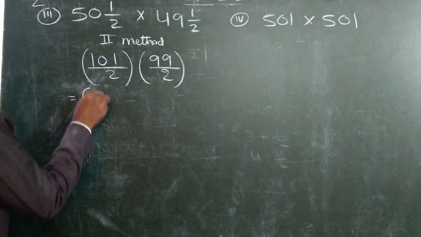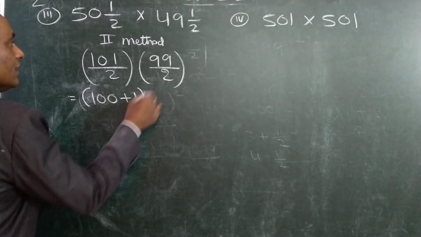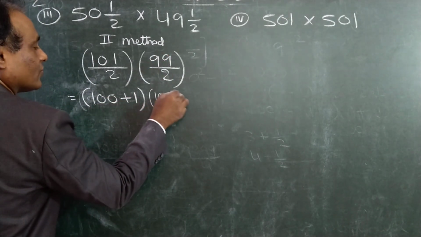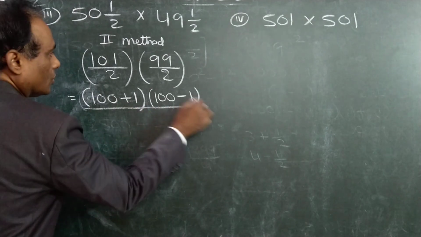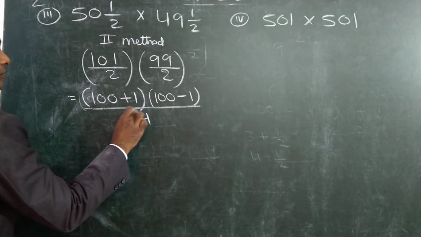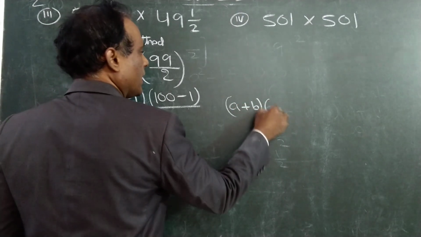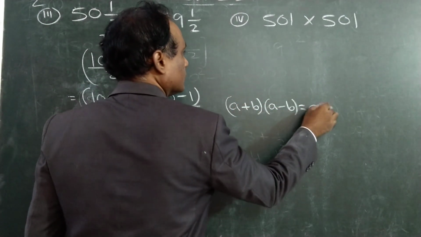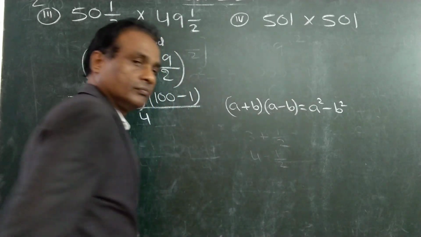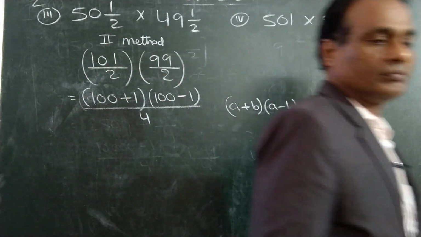So 101 can be written as 100 plus 1. 99 is 100 minus 1. 2 into 2, 4. Apply this formula in the numerator. Second method.